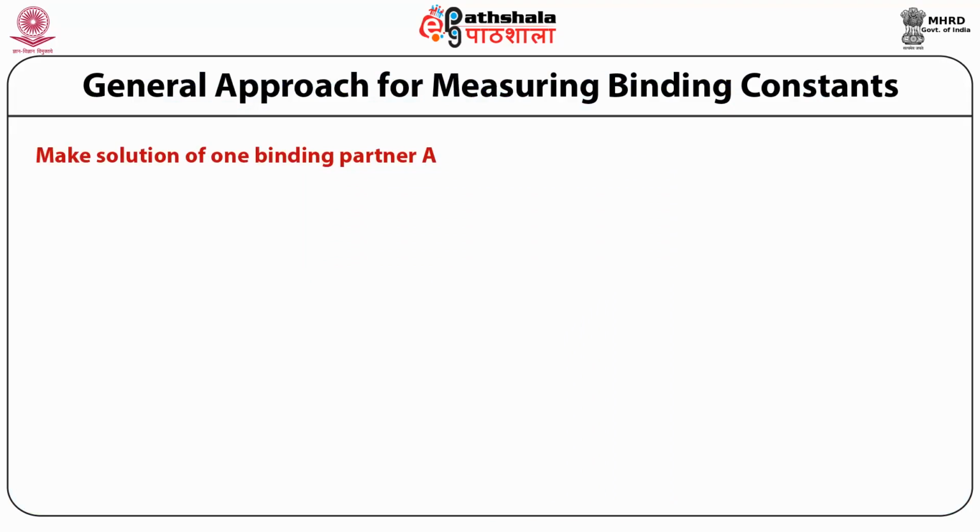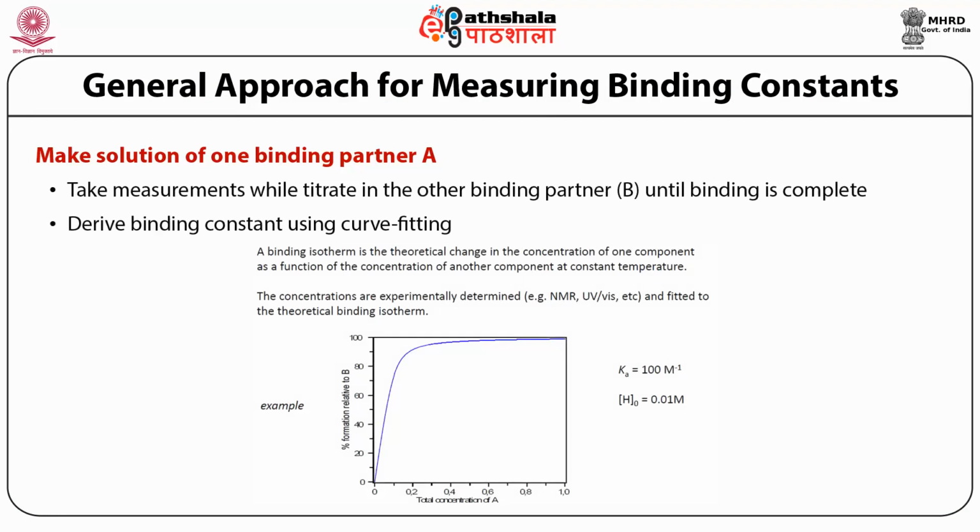So how do we experimentally measure the binding constant? If we are measuring A plus B equals AB supramolecular complex, we take one binding partner at a particular concentration and titrate with the other binding partner, B, and we monitor the entire process using NMR, UV-Vis or ITC.